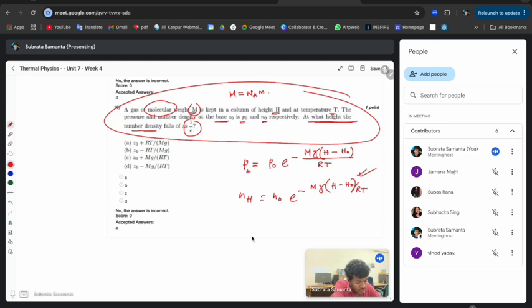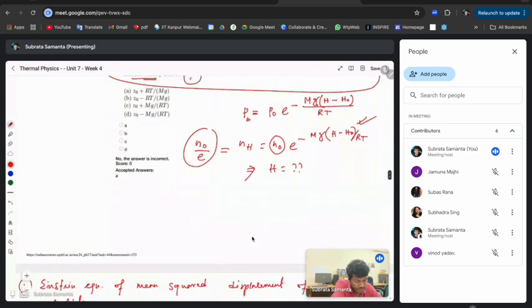So this N_h is given in the problem as 1 over e. At what height does the number density fall to 1 over e? The number density at the base height h naught is n naught, so at height h it is n naught over e.